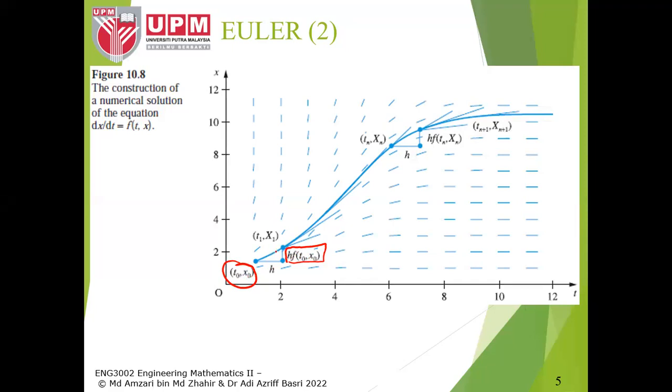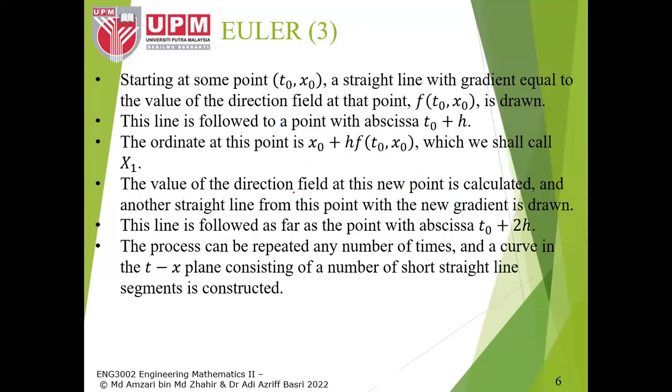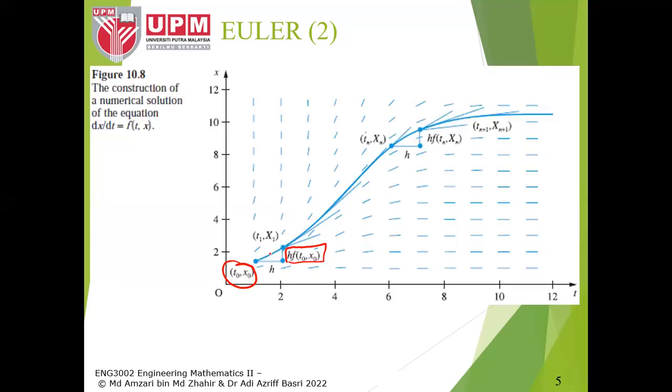So you will get a point over here, and you can get the tangent line here. The value of the direction field at this new point is calculated, and another straight line from this point with a new gradient is drawn. We call this new point t1, x1.